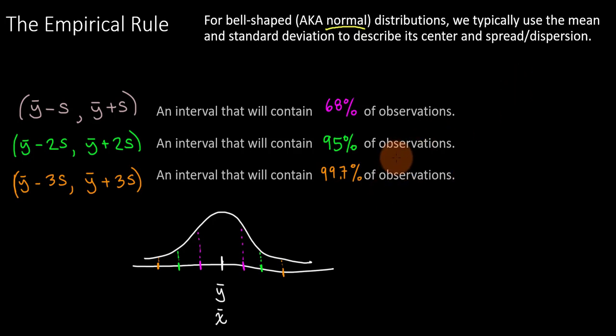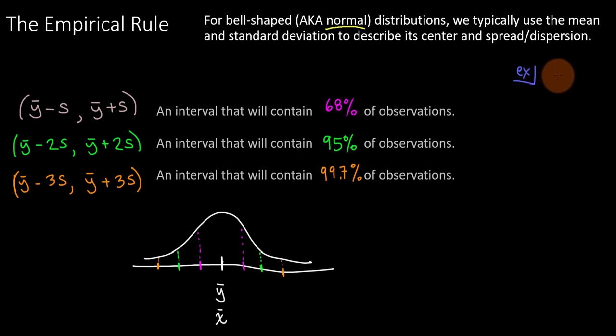Cool. So the empirical rule is sort of these three statements, but we can dissect it to be a little bit more descriptive. And I just want to do a quick example on the side over here before we do a detailed example.